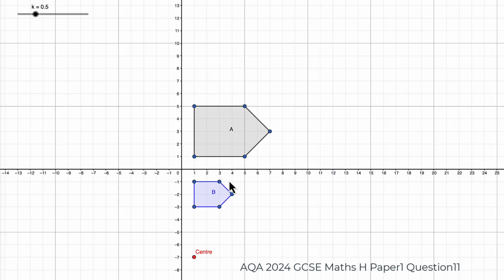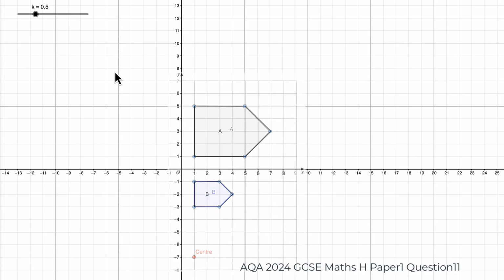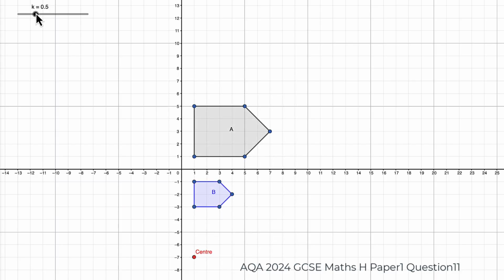Now here's a little demonstration of how things change in a diagram like this when we change the scale factor. At present, this is the picture you had in the question. Your scale factor is 1/2. Let's increase that scale factor. And you can see what happens. When the scale factor is 1, the shape is unchanged.